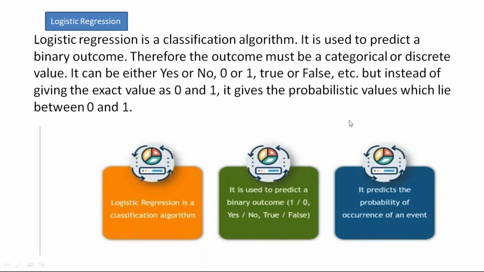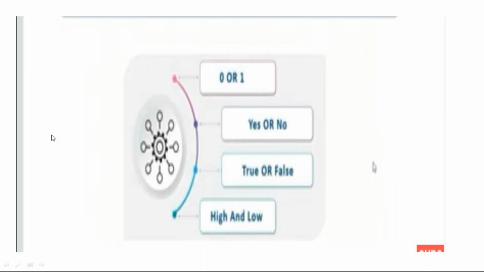See, this has been shown graphically like this. My prediction should be 0 or 1, or it can be yes or no, true or false, high or low, or any other things. So it can be not only binomial, you can even apply this logistic regression for multi-class classification also.